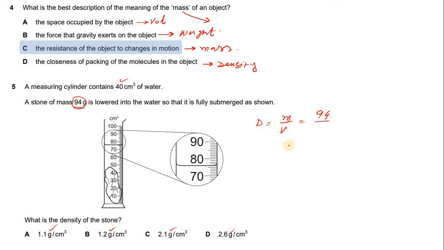Here volume is the volume of the stone. Initial volume of the water is 40. New volume of water including stone is 76. So volume of the stone will be 76 minus 40. Once you solve this, your answer will be 2.61. So option is D.